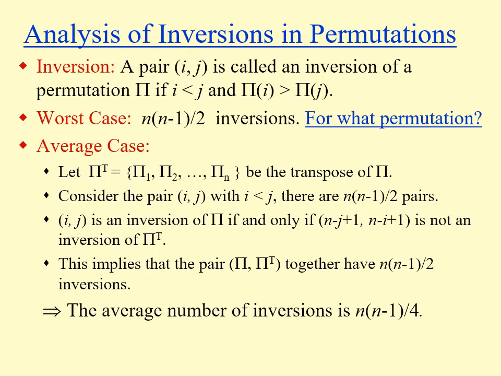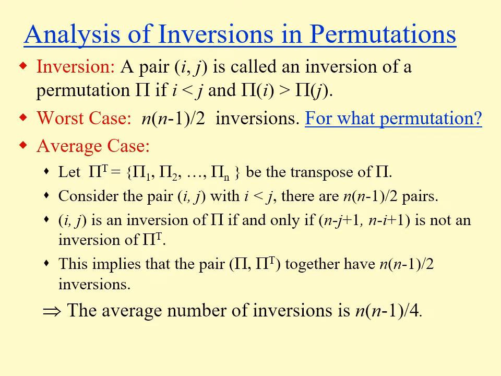The pair ij is an inversion of pi if and only if n minus j plus 1 and n minus i plus 1 is not an inversion of pi transpose. This is in fact easy to understand, correct? Pi is the original permutation, and pi transpose is totally reversed.